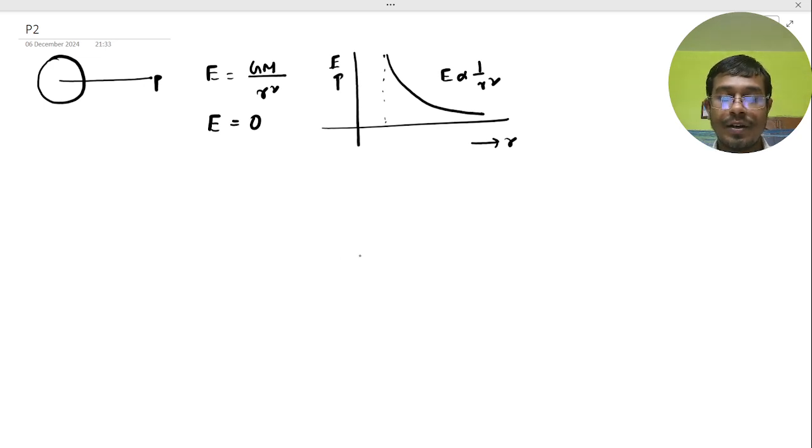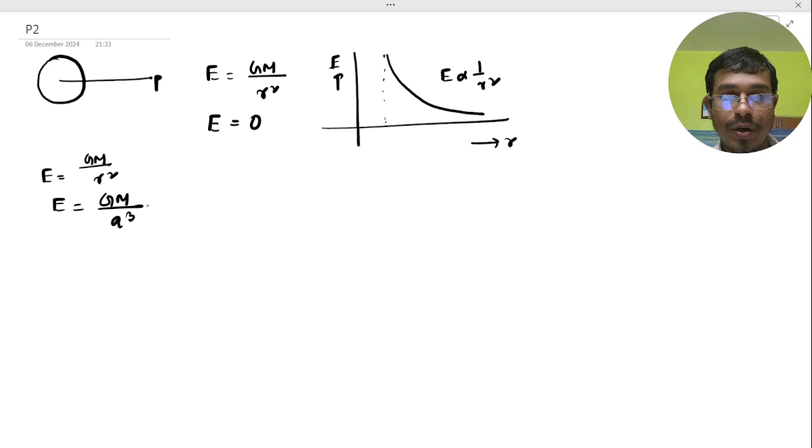Another one, the gravitational field due to a uniform solid sphere. For an external point, we have the field value E equals GM by r square, and for an internal point E would become GM by a cube times r.